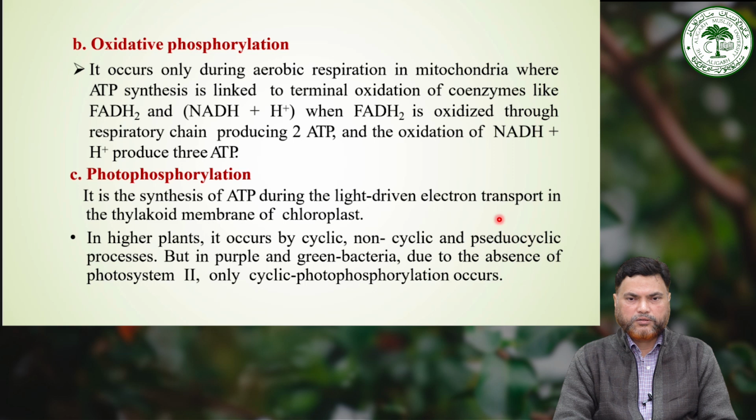Now, another method of ATP generation I will discuss in detail while discussing respiration. Just a basic outline: generally oxidative phosphorylation occurs during aerobic respiration in mitochondria, and in this ATP is formed linked to the terminal oxidation of coenzymes like FADH2, which is further oxidized through the respiratory chain that produces 2 ATP, and the oxidation of NADH produces roughly 3 ATP.